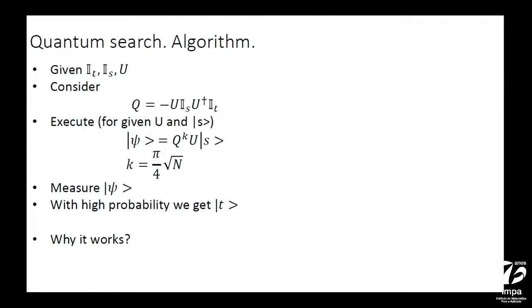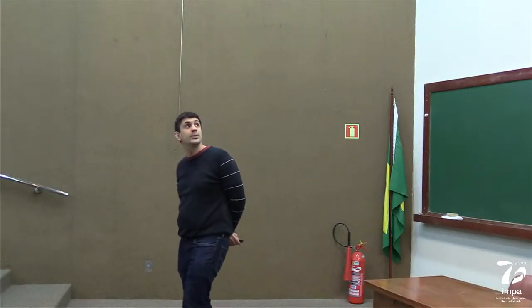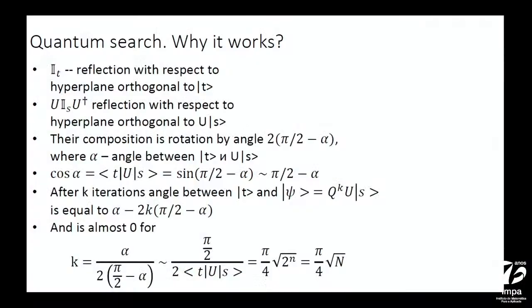Up to now it should be a bit of a miracle why it works, so let me explain why it works. I would explain it with a blackboard more than with slides, so please just use slides for reference, not for true explanation. So let us see once again how the operator IT works.